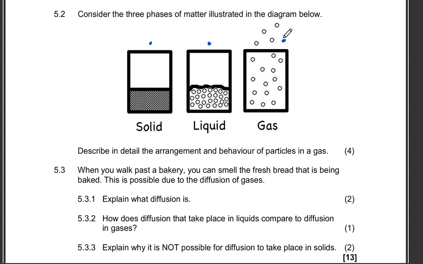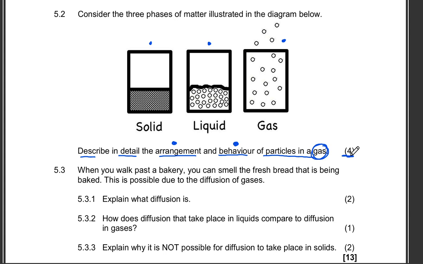The first question, which is 5.2, is asking you for 4 marks to describe in detail the arrangement and behavior of particles in a gas. So we are talking about particles in a gas, but we need to describe their arrangement and their behavior in order for us to get full 4 marks.